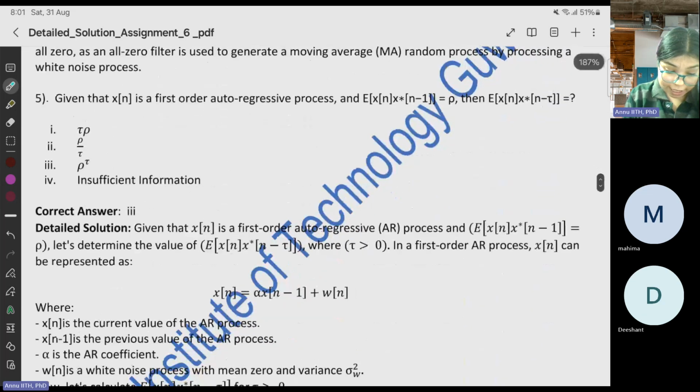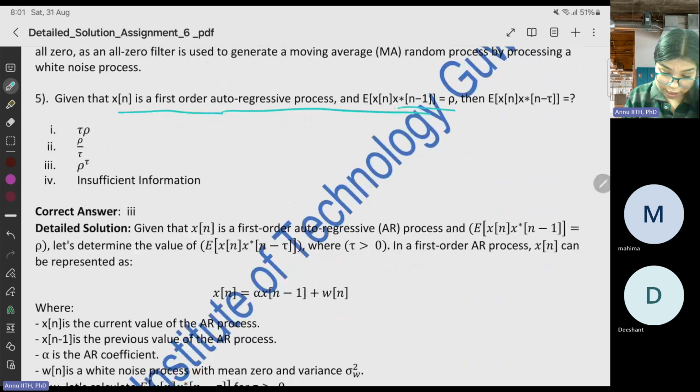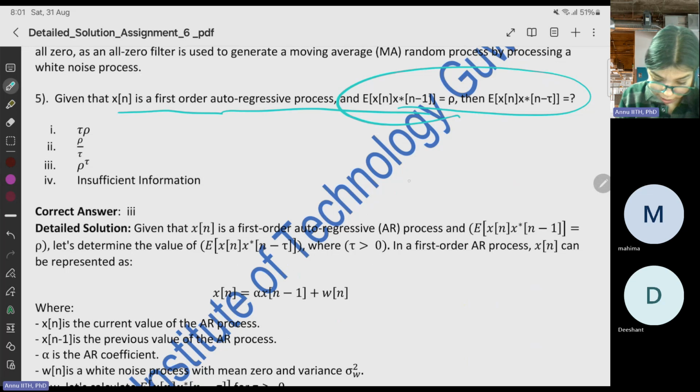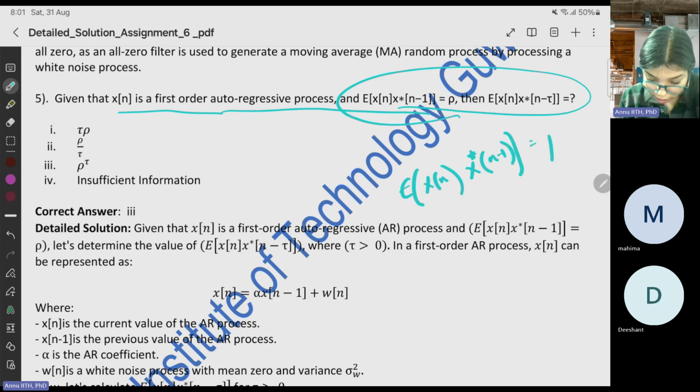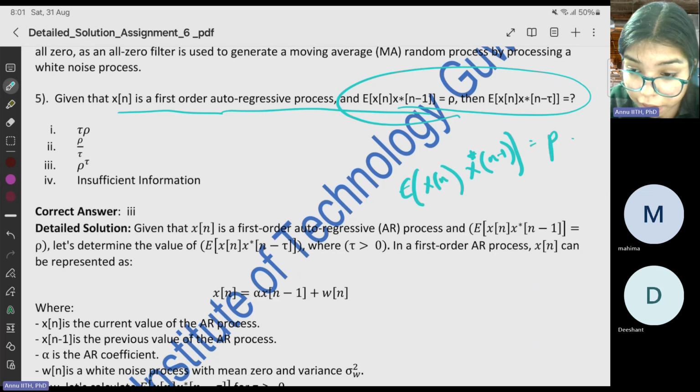So given x(n) is a first order autoregressive process, let's solve this: E of x(n) x(n minus 1). What is this? PSD is the Fourier transform of?